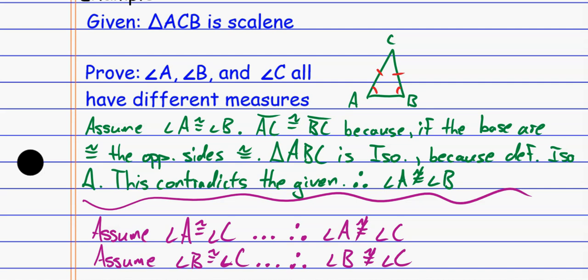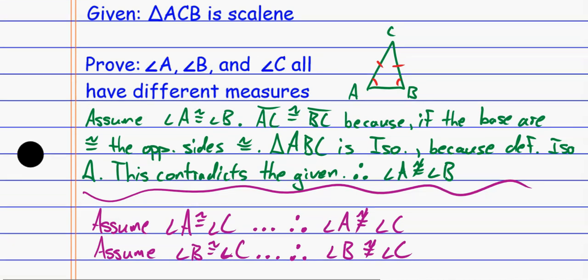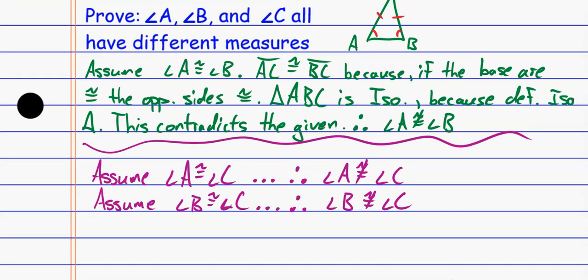But again, all we're trying to do is assume the opposite of what we want to prove, show that that's wrong, which means the opposite, the thing we started with, has to be right. And so after I do this, if I did it a couple times, I can now say that A, B, and C all have different measures.